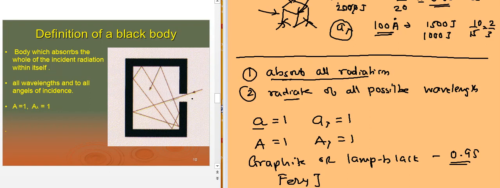Only if the radiation is falling perpendicular like this does it have a possibility of going back. But if I provide a protrusion like this, then that chance also gets decreased drastically, and only the radiation which falls on the tip of this protrusion of the same material will be able to go back. So the radiation which has gone inside gets trapped inside, and for all practical purposes, this is a black body.